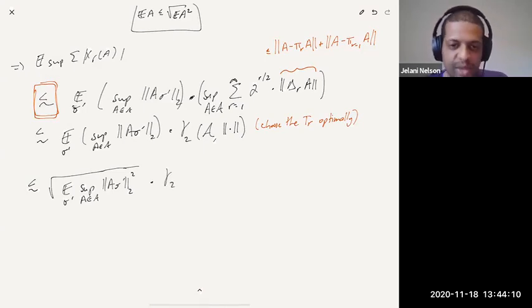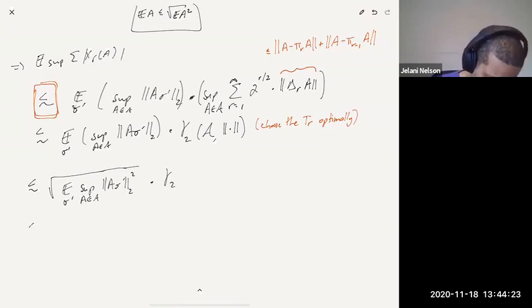I'm just going to write gamma 2, which you should read to mean gamma 2 of script A with respect to operator norm. And then now I can do a triangle inequality. I can subtract the expectation and add it back. It's going to be easier for me to write the square root as raising to the 1/2.